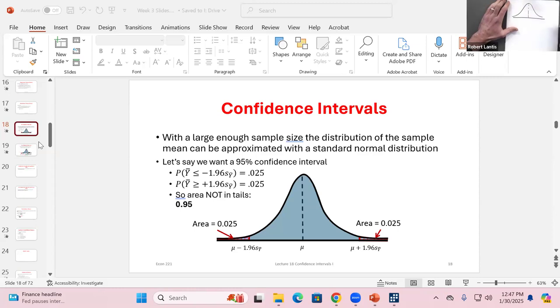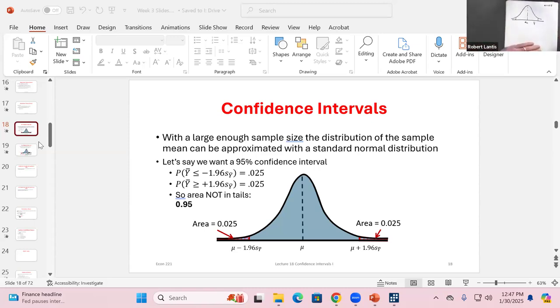We're going to start out with this assumed true value for the mean. If I see any sample mean that's within a certain critical value, let's assume we're looking at an alpha of 0.05. So that would be a confidence level of what?